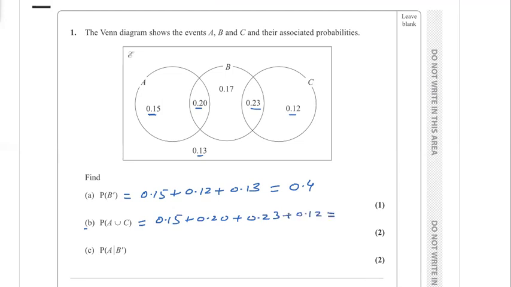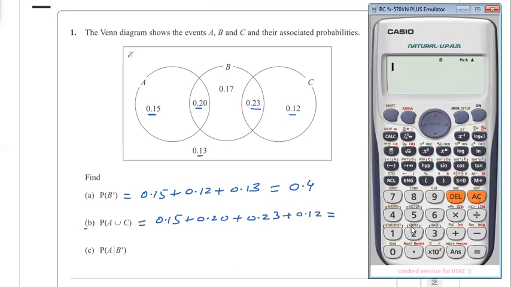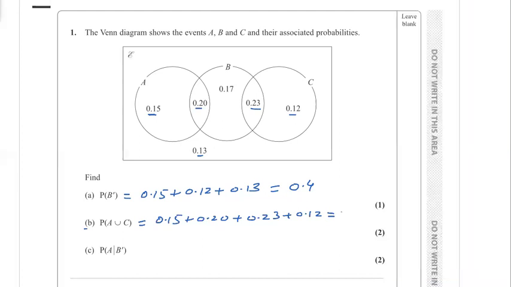So it will be 0.7. The probability of A union C is 0.7.